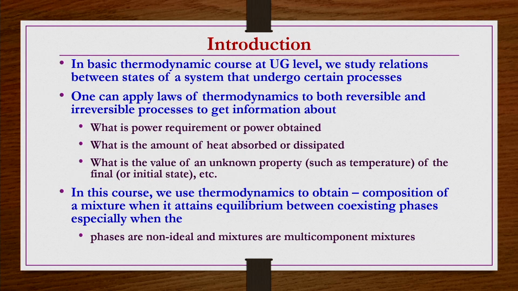Under such conditions, if the phases are coexisting and there exists equilibrium amongst those phases, what is the equilibrium composition of a given species? Those things we are going to calculate. We are going to study how to obtain those equilibrium compositions for a given system where two or more phases are coexisting and there exists an equilibrium amongst those phases.